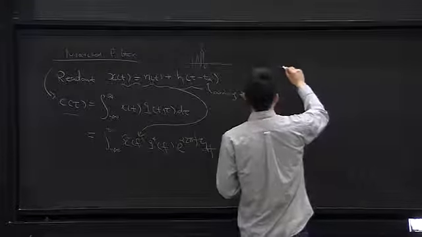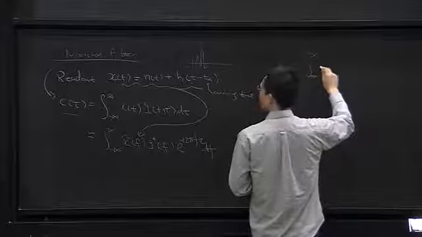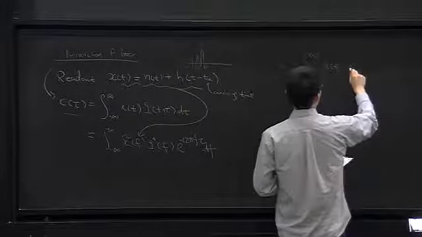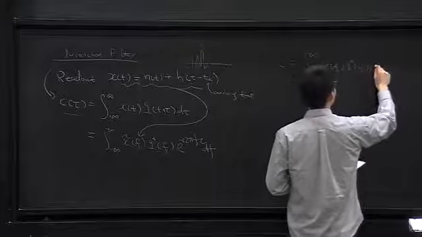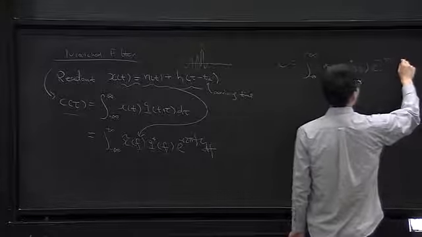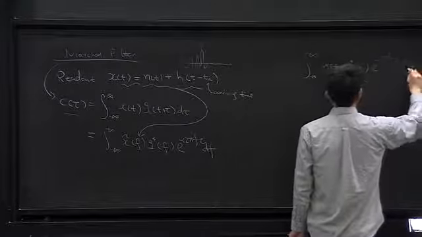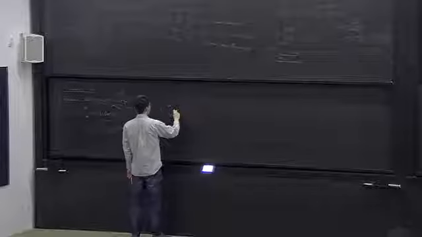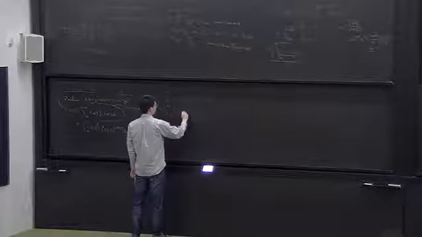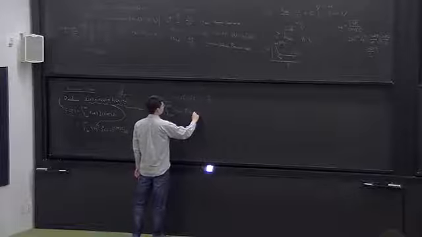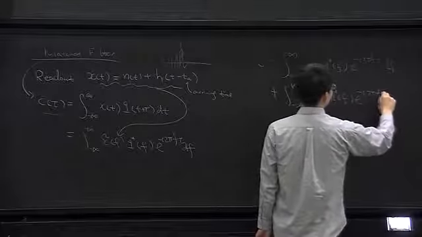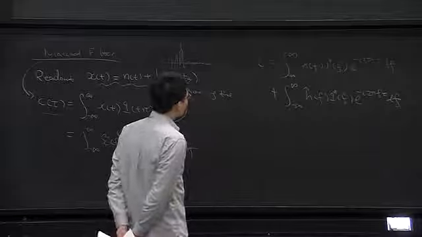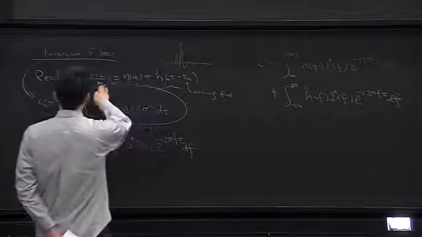C will be n tilde of f, q star of f, plus the signal part. I've not done anything yet. I'm just plugging in the signal.